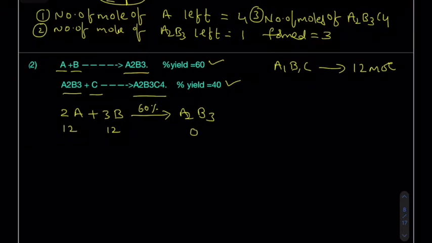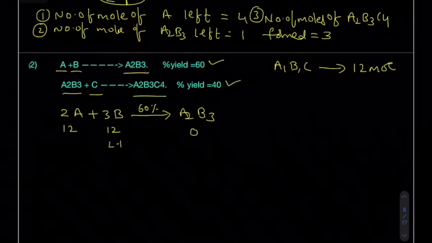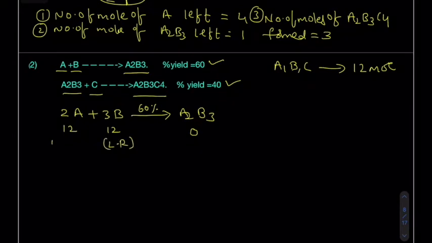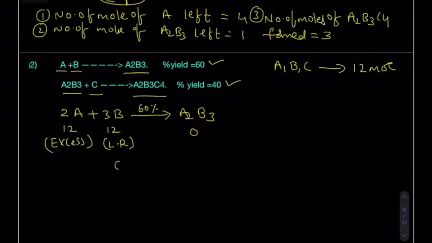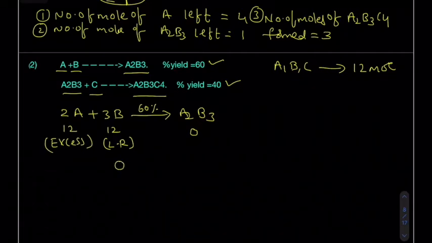First of all, the limiting reagent will be B and A will be the excess reagent, similarly to the first problem. Now B will be completely consumed. 3 moles of B will give 1 mole of A2B3. 12 moles will obviously give how many? 4 moles of A2B3.